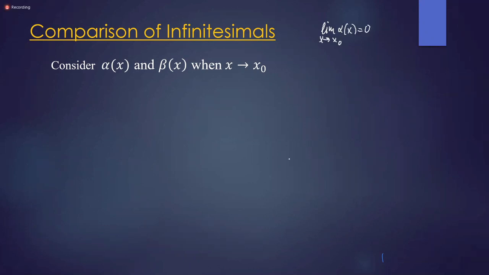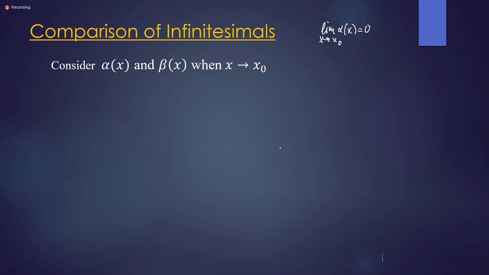If they are both infinitely small, are infinitely small things all similar? Or do they group somehow? Are some infinitely small quantities more similar than other infinitely small quantities? And the answer is yes. It is possible to compare infinitesimals.